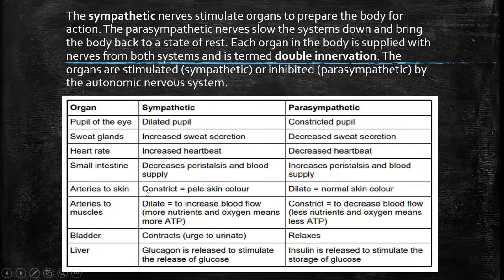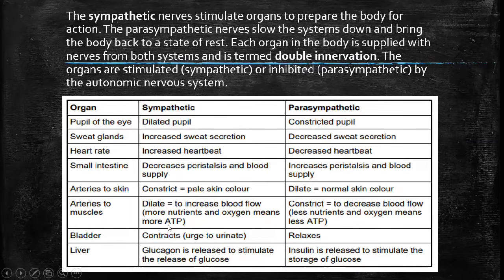Now, the arteries to the skin. They're constricted in the sympathetic part, giving a pale skin color, but they dilate for normal skin color. And then arteries to the muscles, they dilate to increase blood flow, so that more nutrients and oxygen are supplied to your muscles.